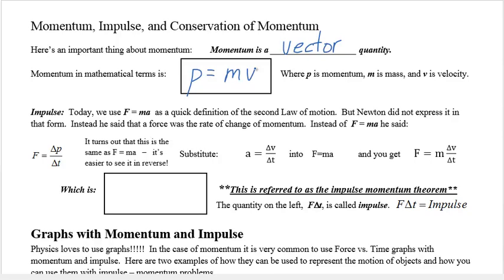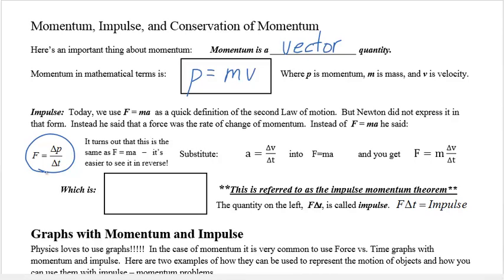So impulse. Today we use F equals ma as a quick definition of Newton's second law of motion. But Newton did not express it in that form. Instead, he said that a force was the rate of change of momentum instead of F equals ma. Basically, here's that equation that Newton came up with, and we've rearranged it since then.